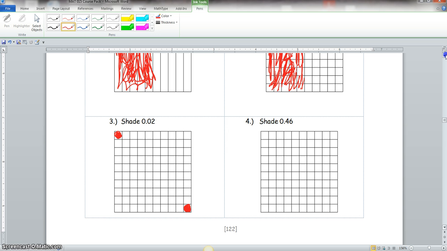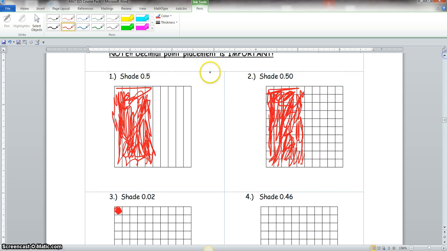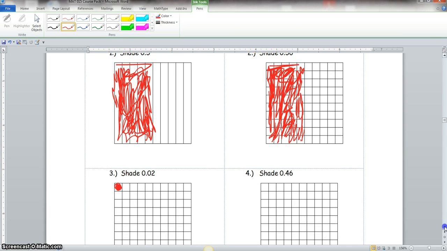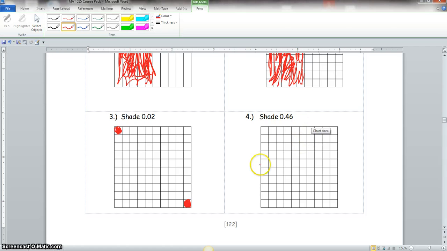Now let's go back to number 1 and 2. Now 0.5, this was 5 tenths. We have 10 of these and we shaded in 5 like we did. This is 50 hundredths, which we shaded in 50 out of 100. Now we come here to number 4. This is 46 hundredths. Now we know we have 100 boxes here, so we need to shade in 46. So we could do it a little different this time. Okay, so far there's 20 boxes.